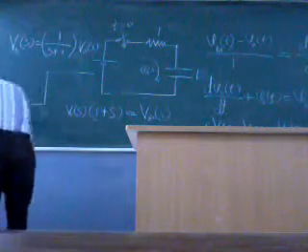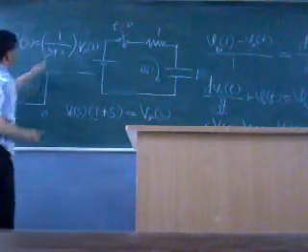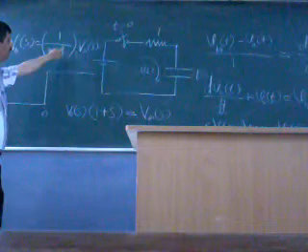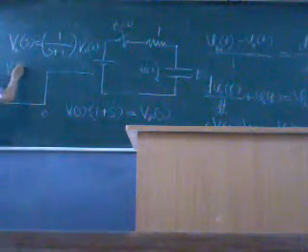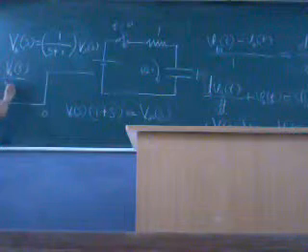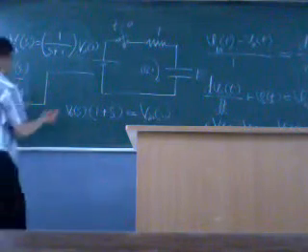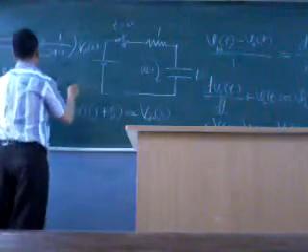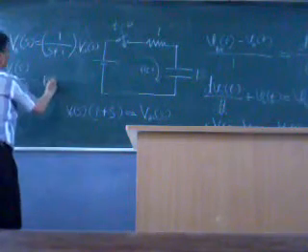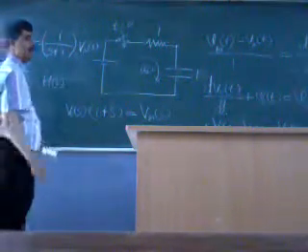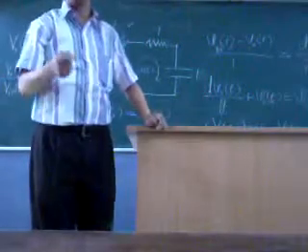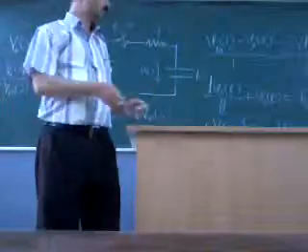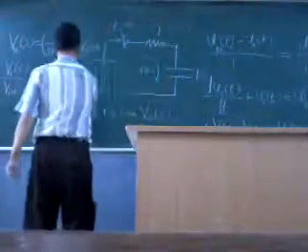This is called the transfer function. We can take the ratio Vo(s) upon Vin(s) is equal to H(s), that is the transfer function of this system, right? So if you know Vin(s), what input you apply, based on that we will be getting the output in Laplace form.